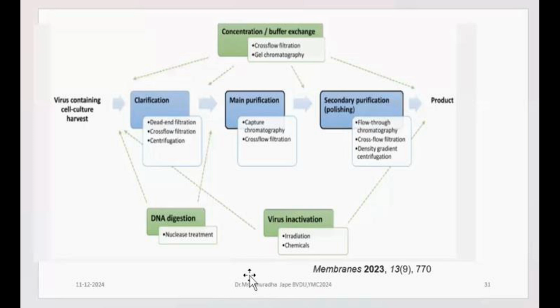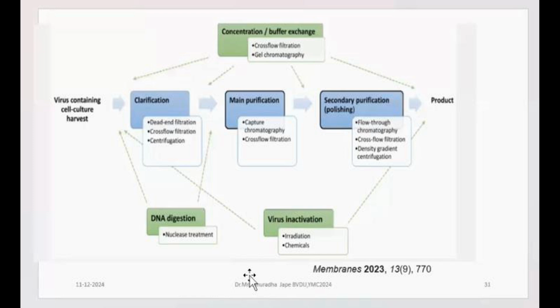You don't want the cells, but you want the virus particles. So you may go for initial clarification using filtration or centrifugation, which can separate the particles from unwanted cell debris, so that you can proceed. Then you have to do purification.